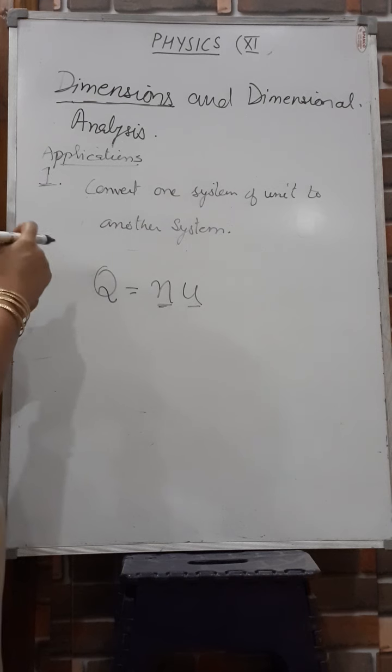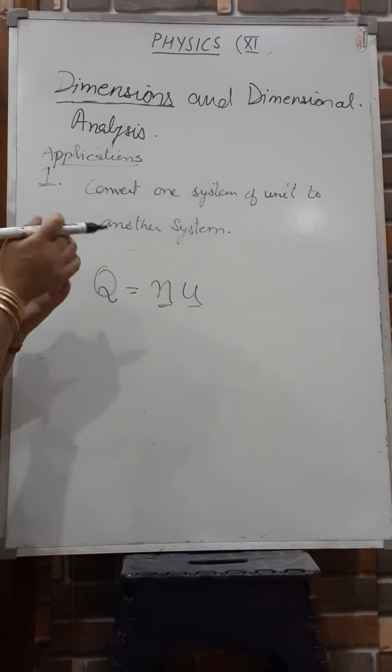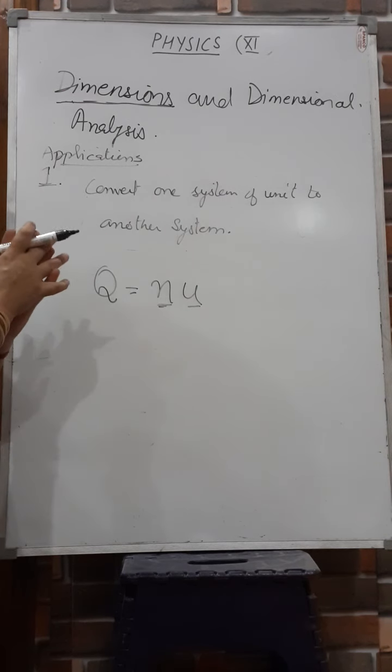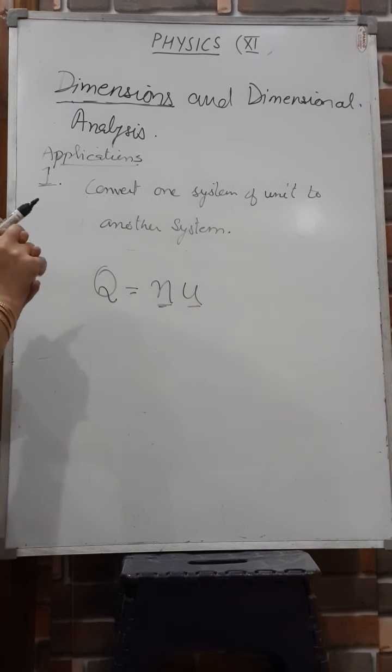For example, if I have 3 kgs of mangoes, I can say that I have 3000 grams of mangoes.